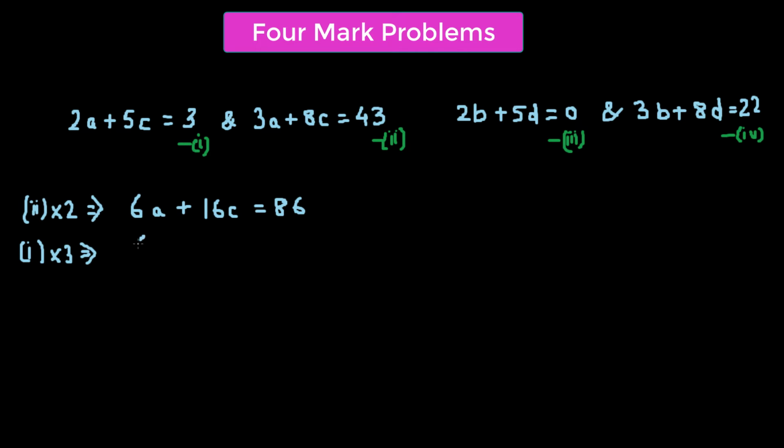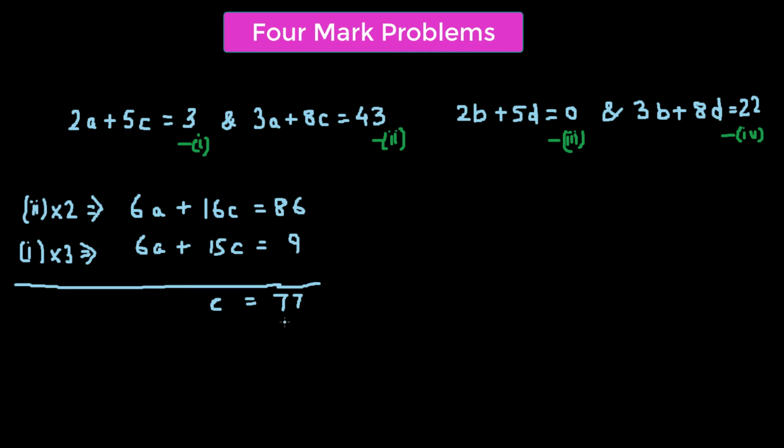That would give us 6a plus 15c equals 9. Now we subtract the two equations. 6a and 6a cancel each other. 16c minus 15c is simply c, and 86 minus 9 is 77. So that is the value of c.